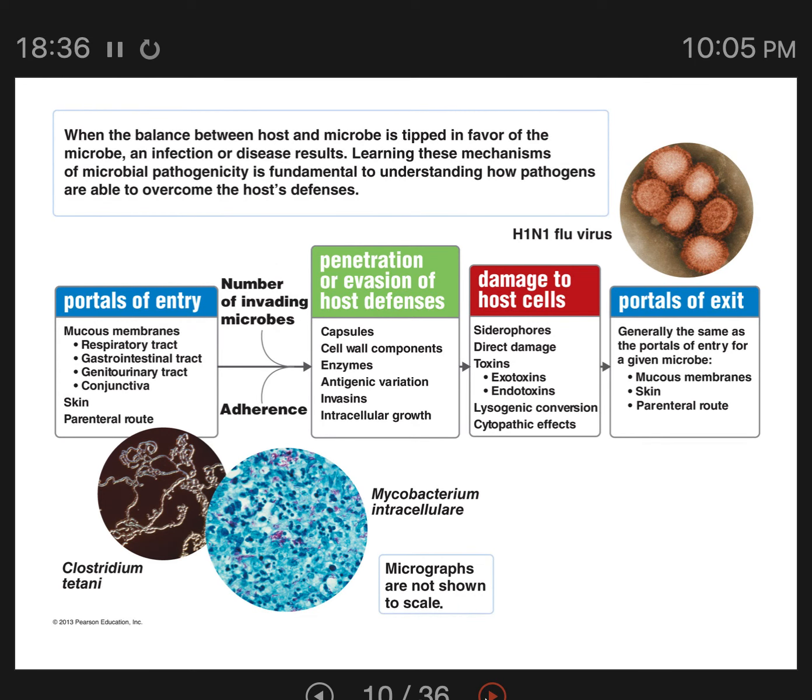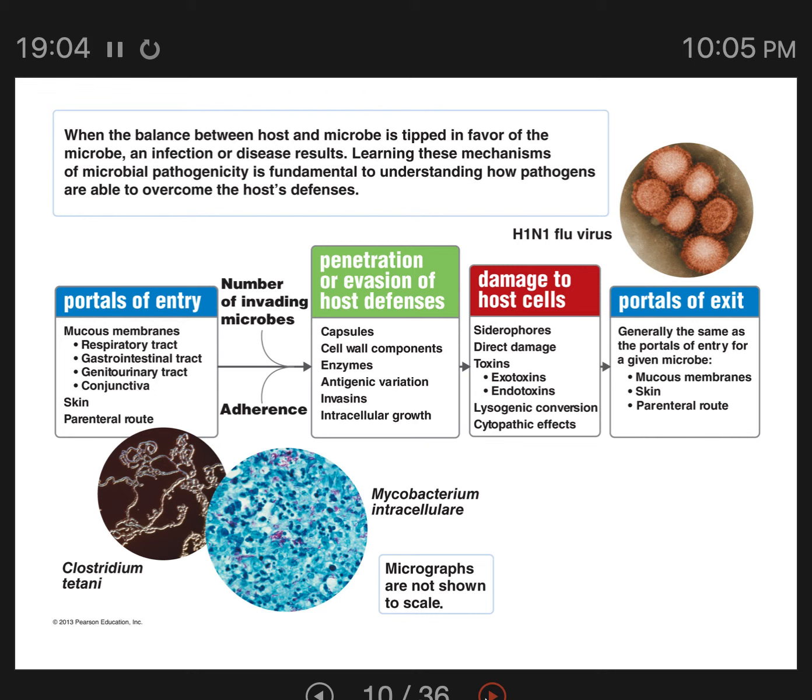All right. So in chapter 13, when we're talking about how diseases spread, I want you to remember these 5 steps for how a disease moves through an individual human host. First, there's a portal of entry by which the pathogen enters the host. Second, the pathogen has to adhere to host tissue and host cells.